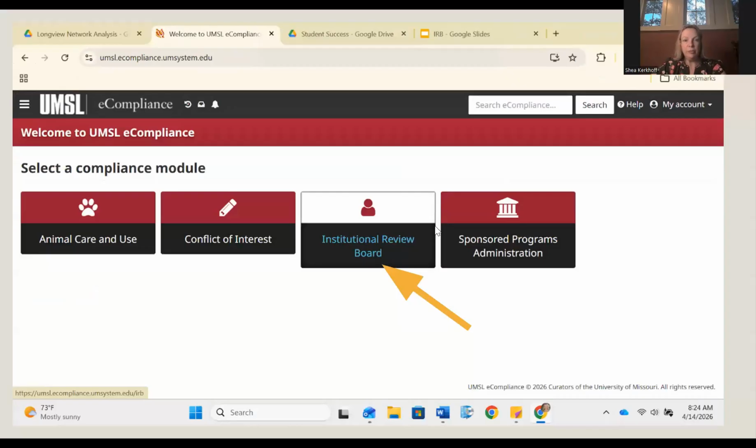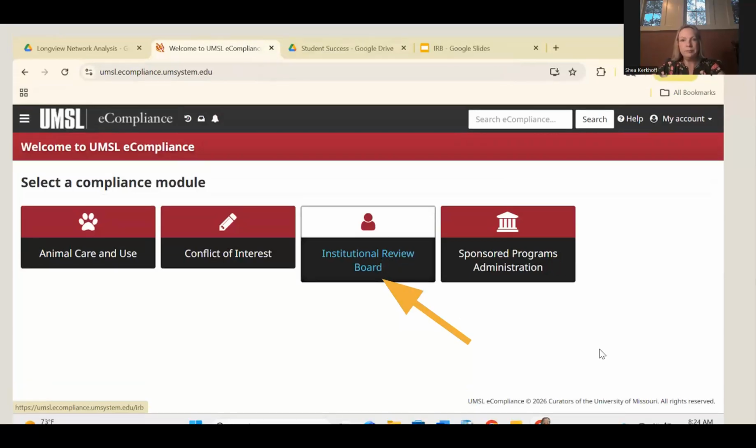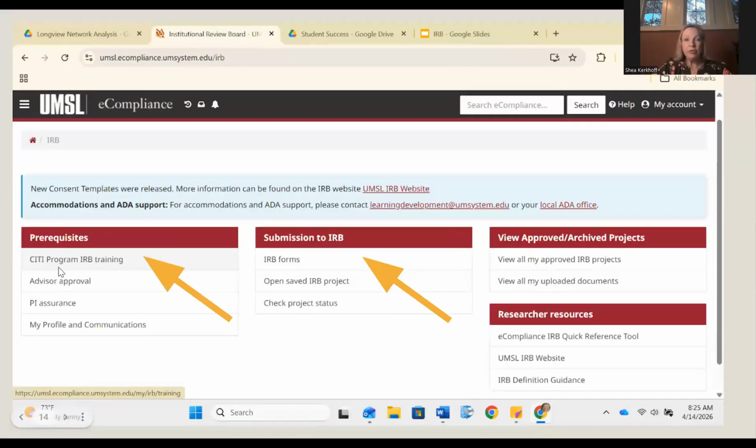From there, this is the dashboard, and you will click the institutional review board.